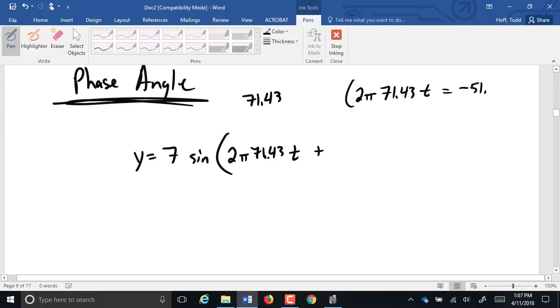Was that negative 51, was it 0.43? And then we've got to, shoot.